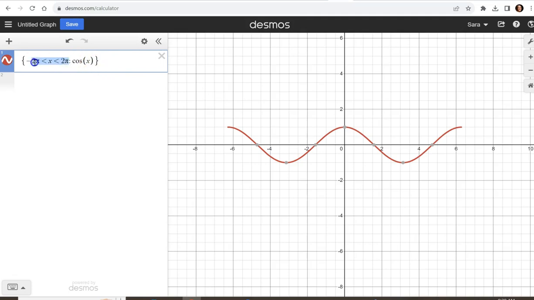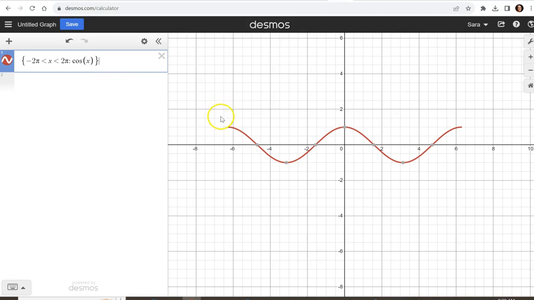On the left-hand side of the colon, I'd like the domain in which I want my x values to fall, negative 2 pi to 2 pi. And on the right of the colon, I'd like the function that I want to see graphed within that domain. That's the syntax that I need to use in order for Desmos to understand what I would like graphed.